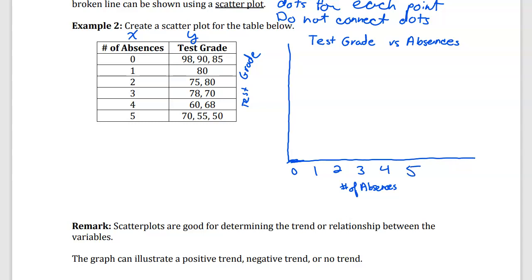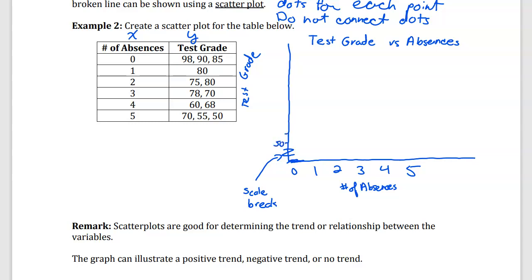Our lowest test grade looks to be about 50. So I'm going to do what we called earlier a scale break, so I don't have to start at 0. Remember, right here is 0, 0. And I don't want to really start at 0, so I'm going to start at 50.